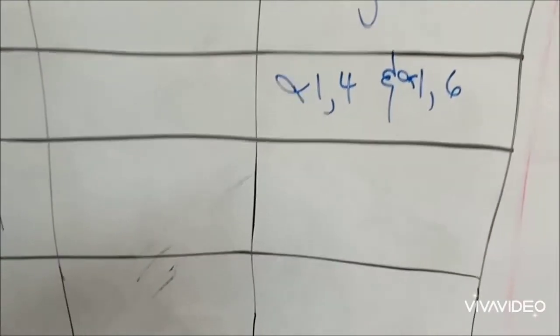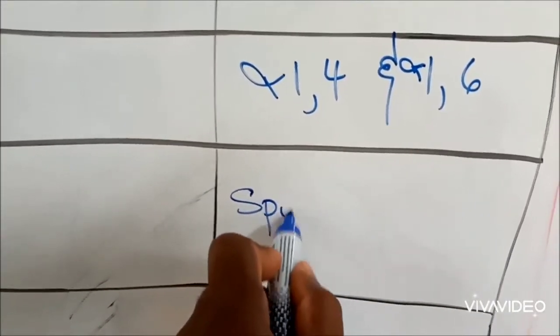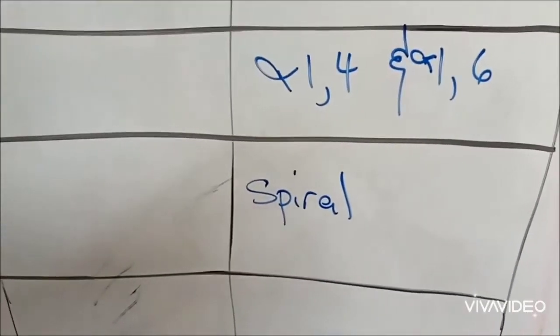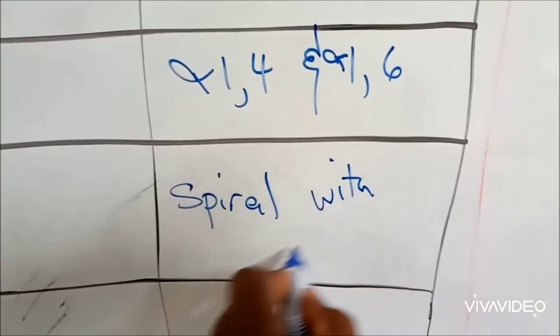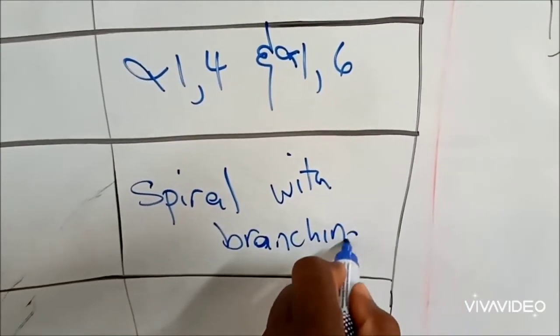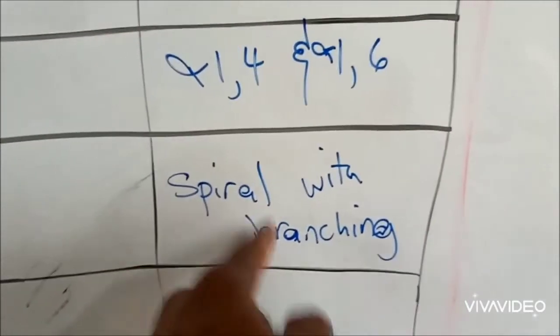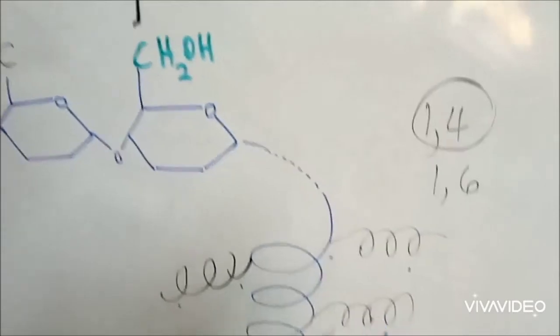In terms of the overall shape, we could use spiral. I added spiral for amylose, so we could use spiral with branching. Good. So the spiral has branches off it. Look at it. See it? The branches come off.